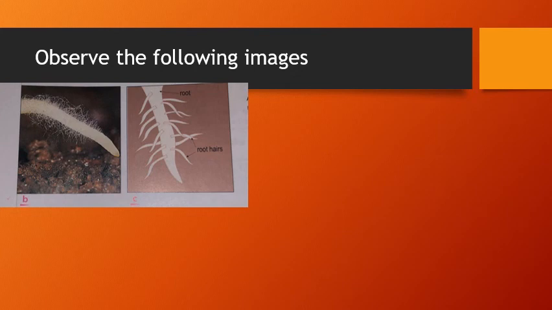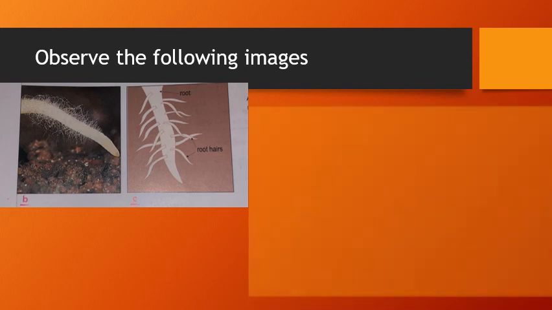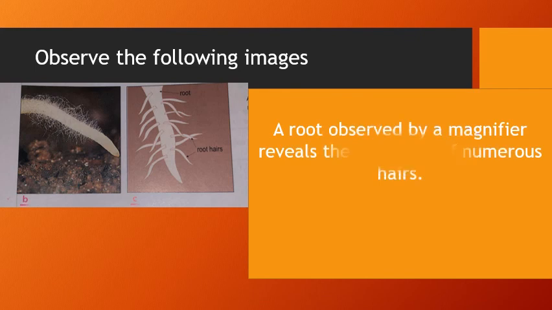The second picture here, we have a root and we have root hairs. You see the root hairs and the root. We can see that the root is observed by a magnifier. When we observe a root by a magnifier, we can see the existence of numerous hairs. The hairs, we call them root hairs.